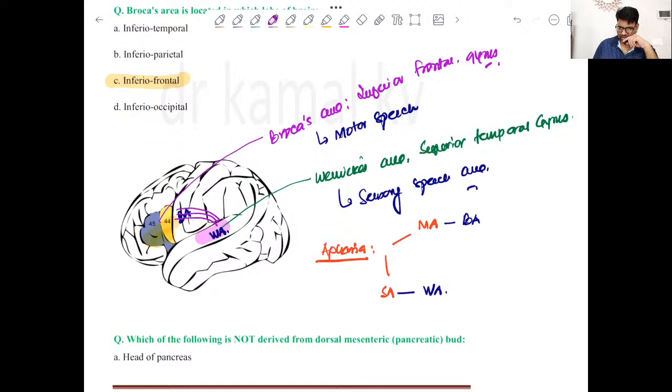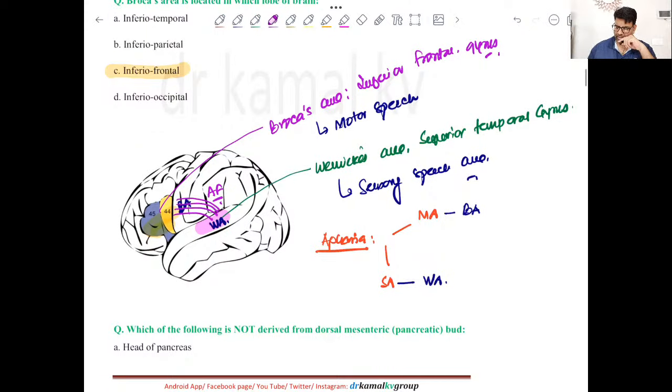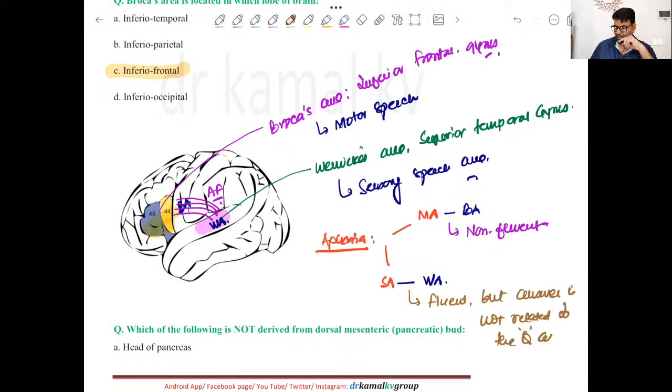This is the arcuate fasciculus, connecting the two, known as the connecting fibers, right? So here the patient will speak in relation to the question, but the speech will be non-fluent, right? And in sensory aphasia, patient will speak fluently, but the answer is not related to the question asked, right?